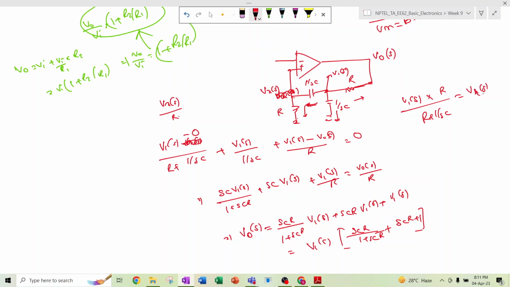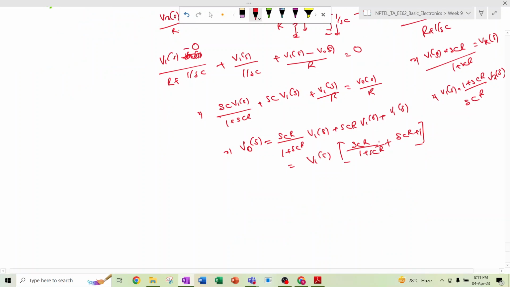So V1S into SCR divided by 1 plus SCR is equal to VSX, then V1S equals 1 plus SCR divided by SCR into VSX.